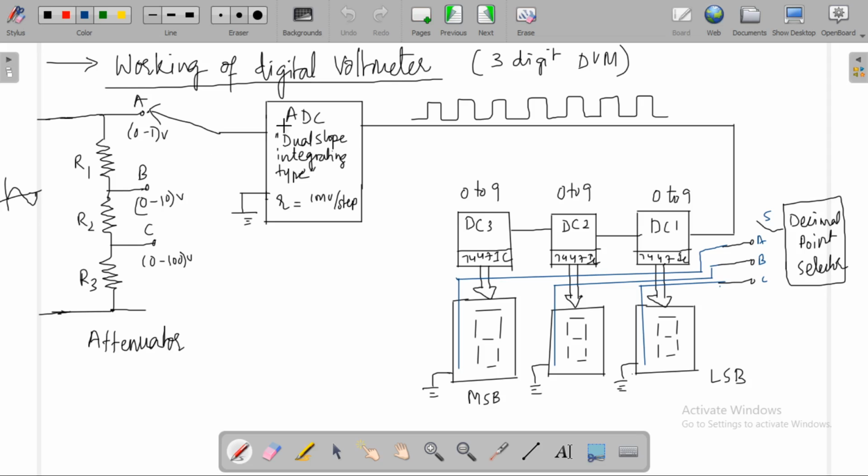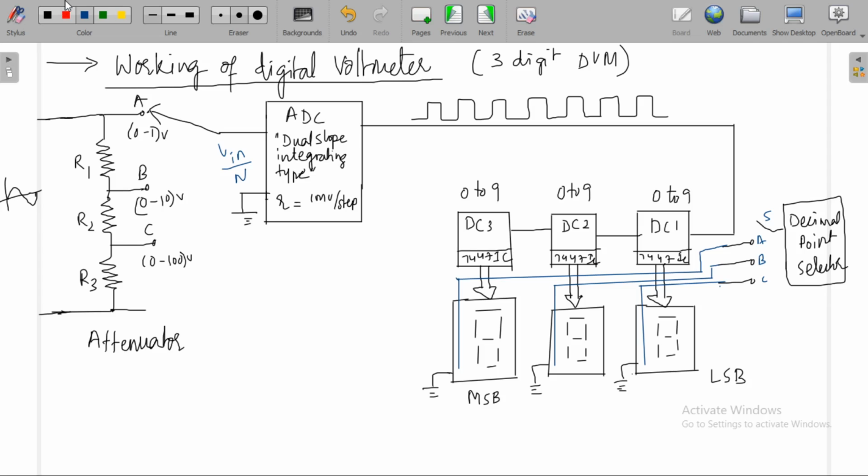The voltage given to this ADC is V in by N. Here N will be in powers of 10. If the switch is thrown to position A, then the voltage given to this ADC is V in by 10 to the power of 0.